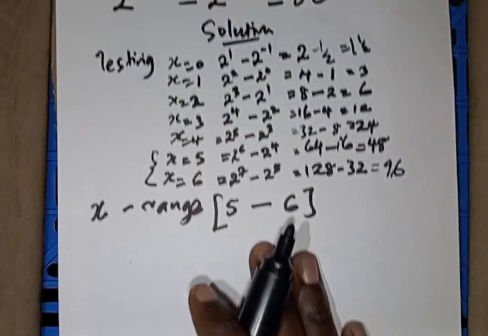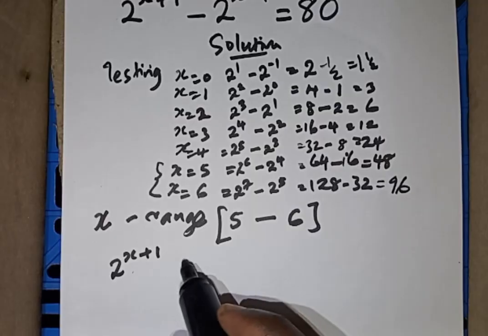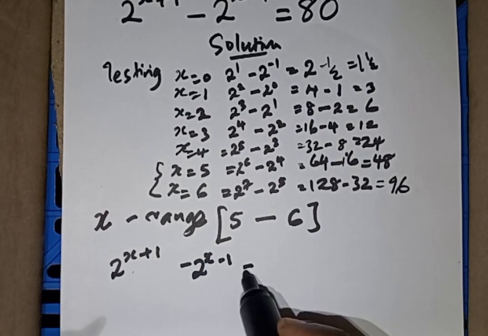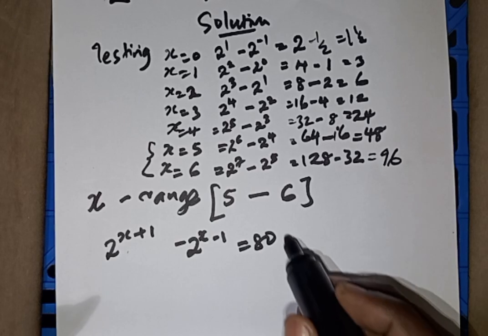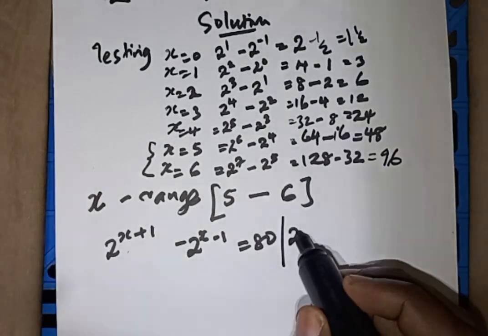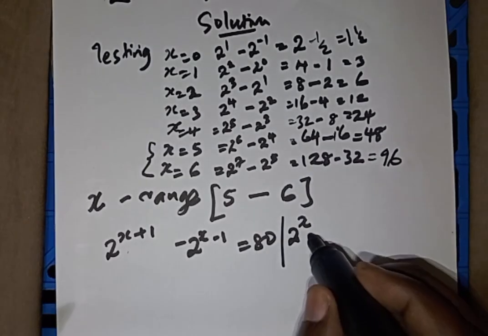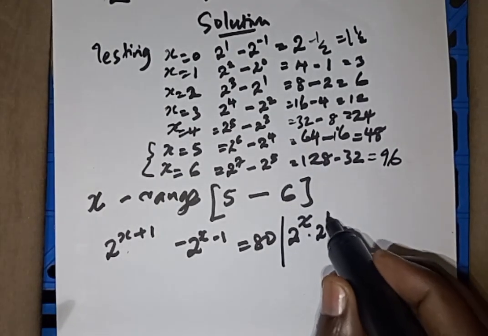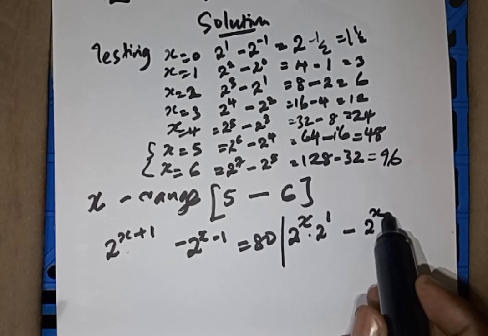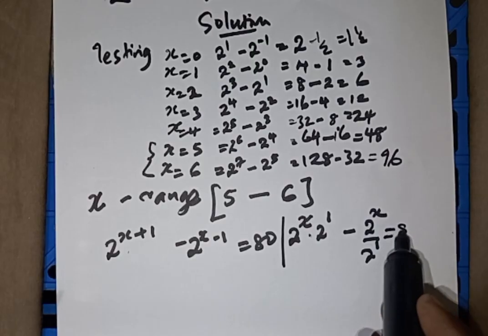We know that 2 to the x plus 1 minus 2 to the x minus 1 equal to 80 can be rewritten as 2 to the x multiplied by 2 power 1, then subtract 2 power x divided by 2 power 1, which will give us 80.